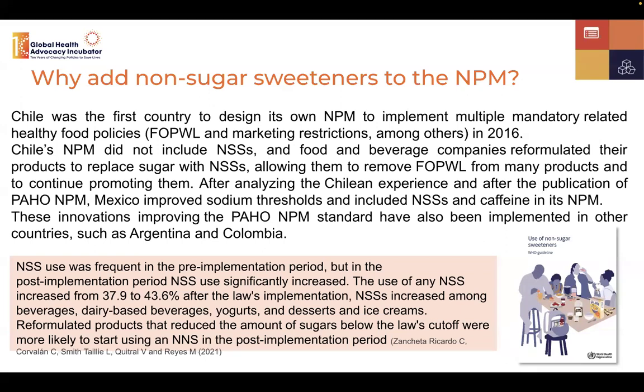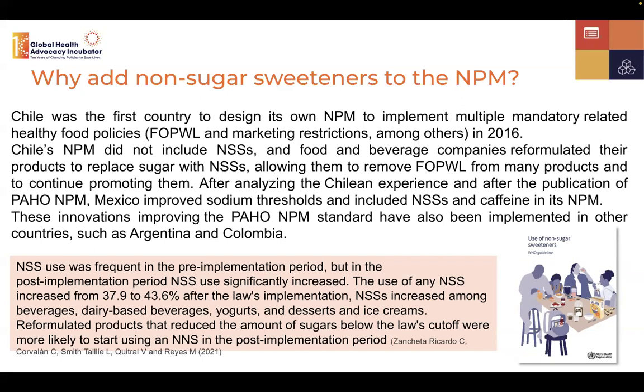A lot of products removed the front-of-package labeling because non-sugar sweeteners were not included in the model. The consumption of non-sugar sweeteners also increased in the population in Chile. This was really important to understand and learn from.